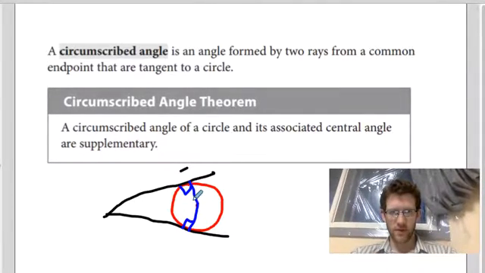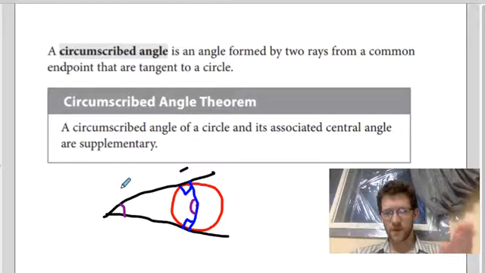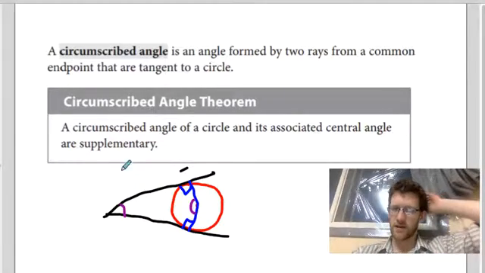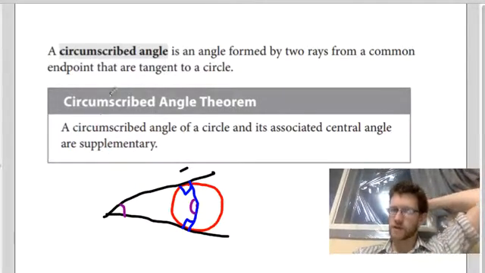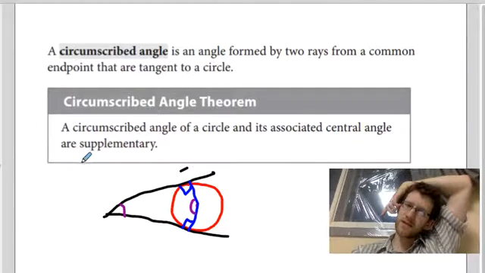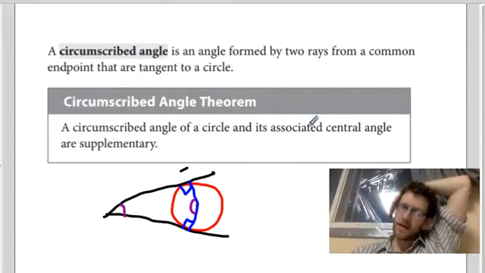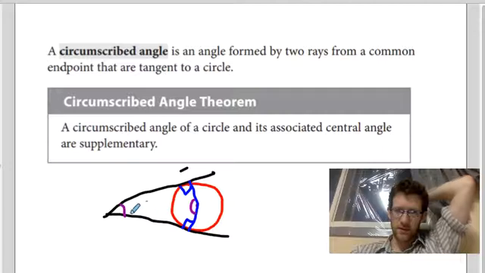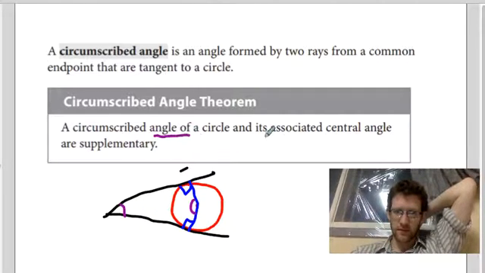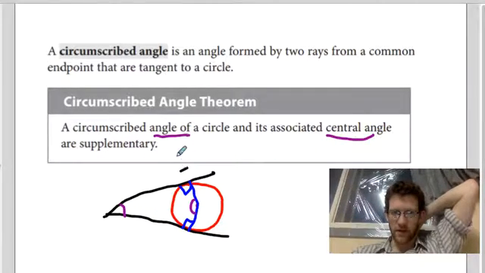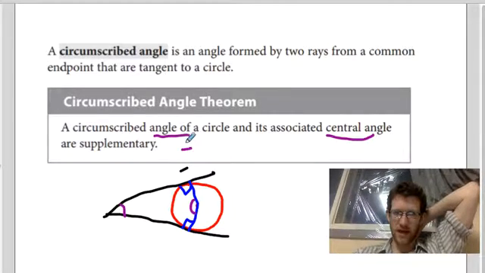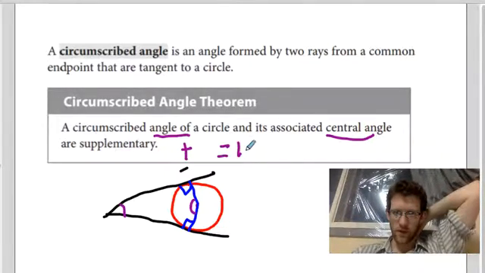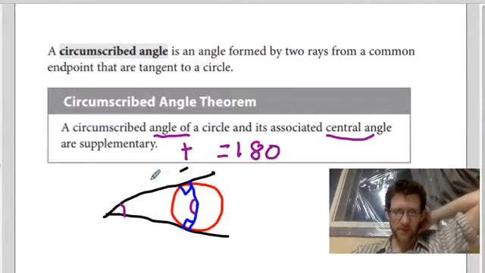Therefore, the remaining two angles, this central angle here and this angle here, have to equal 180, because that's all that's left. So that's where the circumscribed angle theorem comes from. It says a circumscribed angle of a circle and its associated central angle, those are the two purple ones, are supplementary, right? That means that when you add them together, they equal 180 degrees.